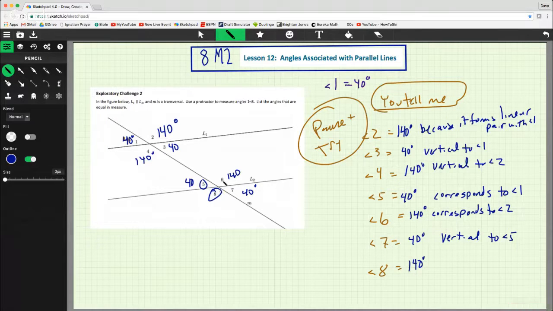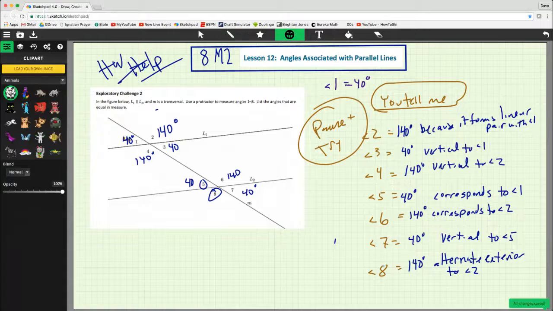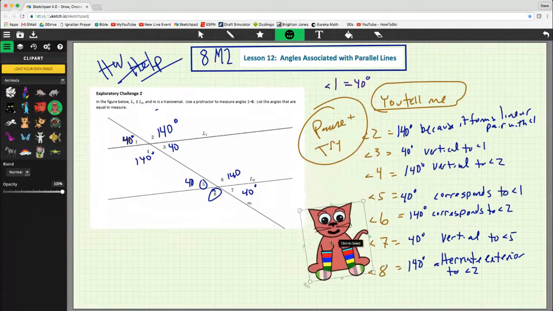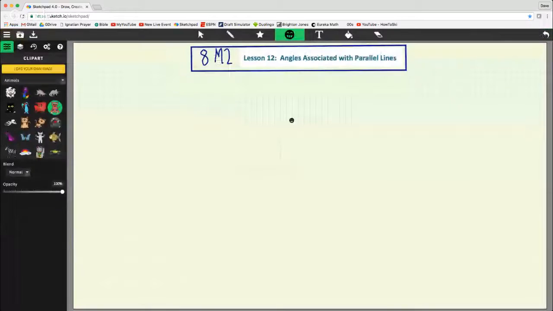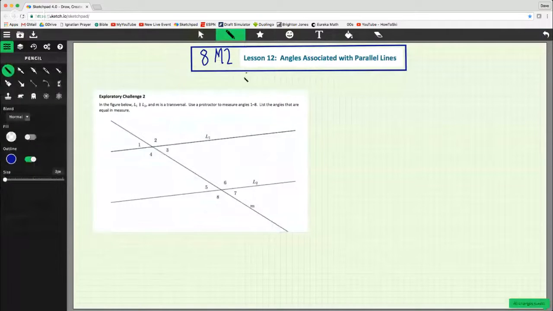It's vertical to 6, it corresponds to 4, but I'm going to say it's alternate exterior to angle 2. I could have said three other reasons here. Okay. Cool. Now so this was homework help. We'll put a happy cat on this guy. Good job. And let's move on to our last piece of homework help.